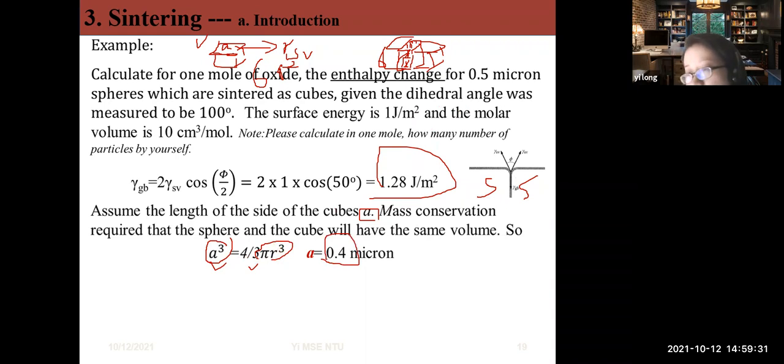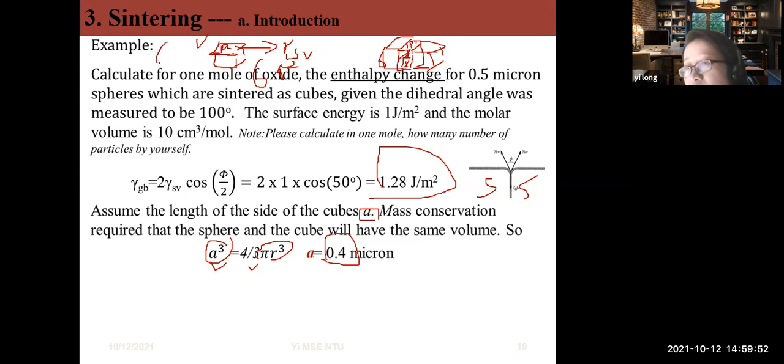Okay, so then we also already know, for one cube, the surface area changes from 6A squared to what? Originally, you are supposed to have 6A squared, because this is A squared and you have 6 of them.